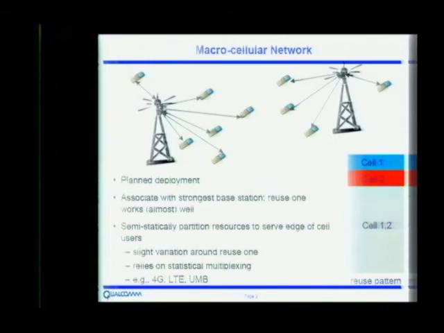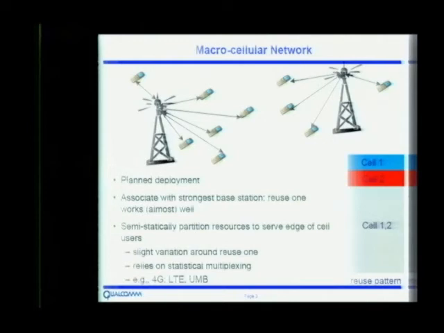So essentially you're doing some variation around the previous one over slow times. In this example, most of the resources are shared by both cells, and for edge of cell users, you would orthogonalize on some sides of the cells or do some power control.